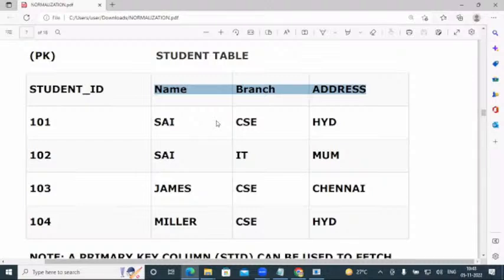But in case you find any partial dependency column in this table, then you can apply the decomposing method. Decompose means divide, splitting method. The partial dependency column will be separated out.